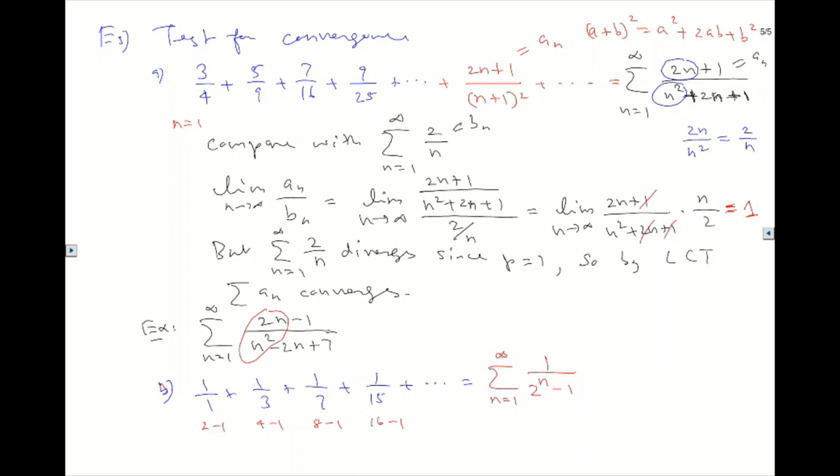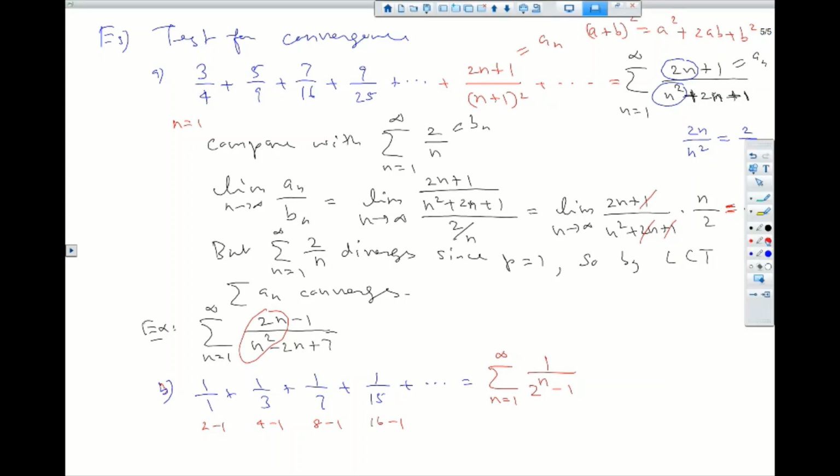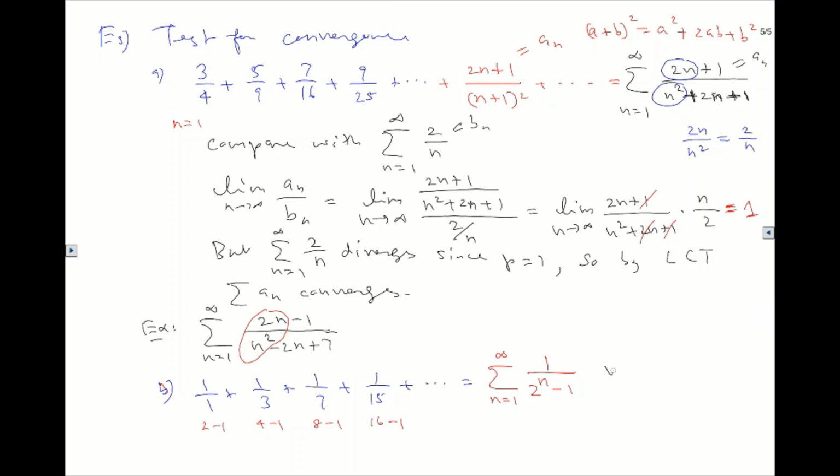So that's a series. What are you going to do? If you ignore the negative 1, you're going to compare this with 1 over 2 to the n. We know this from the series lecture. This is a geometric series, because 1 over 2 to the n, you can write as sigma of 1 half to the n.